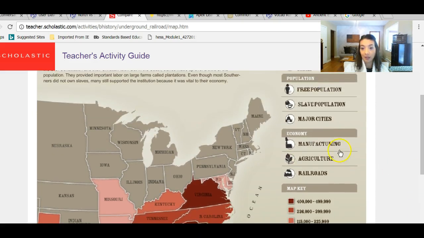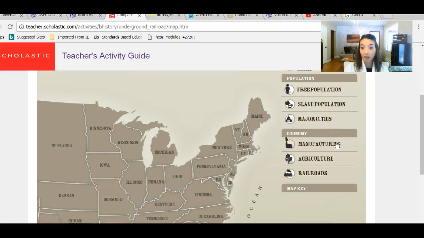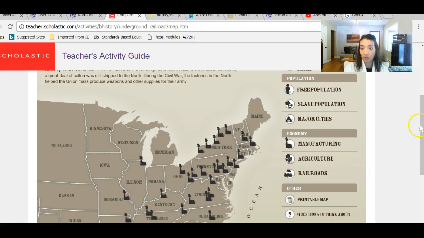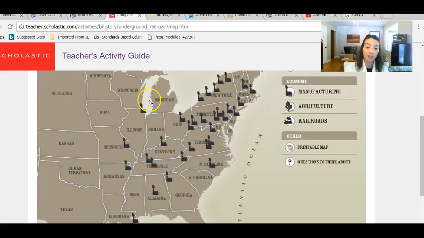Now, coming back up here, you can click on major cities and see those, but I want to go to this section that shows you manufacturing. So you can see that many of these northern states are making money from manufacturing, from people working in factories, and also being part of the trades and being able to market and sell those, okay?